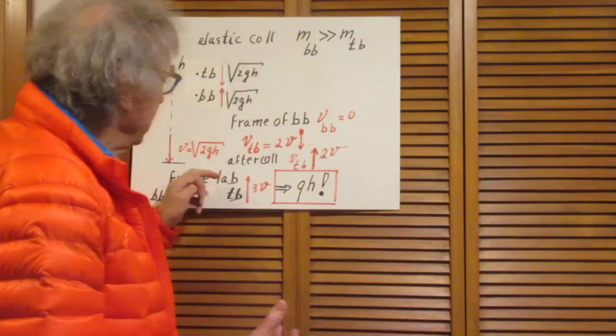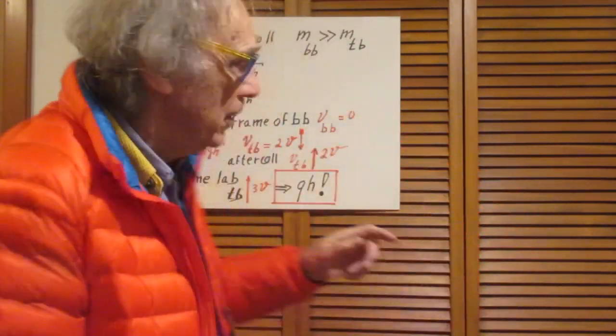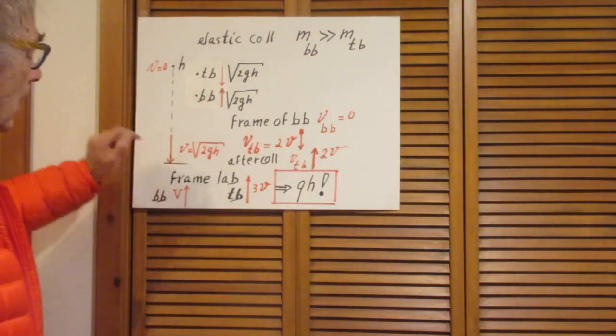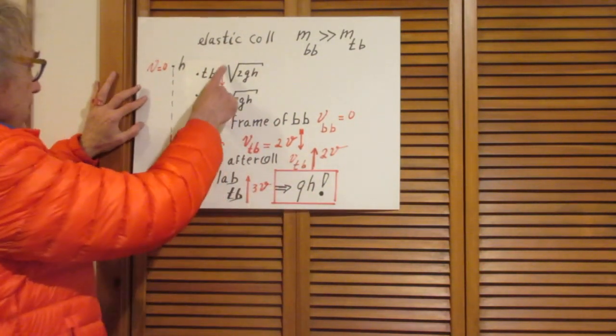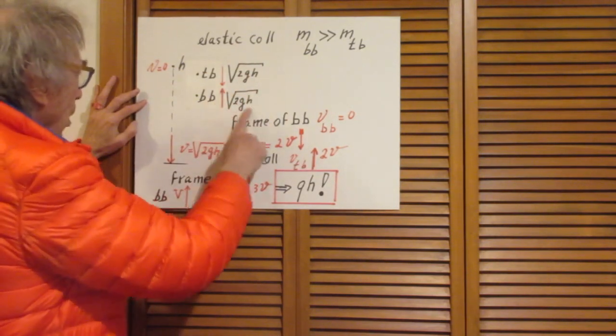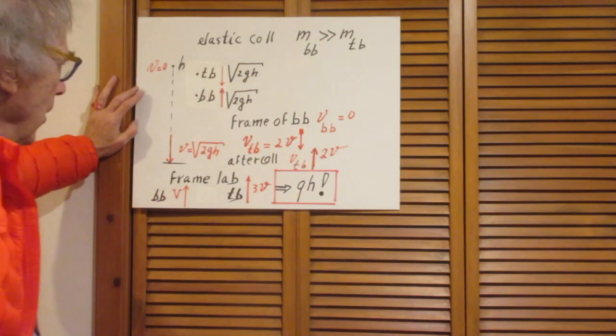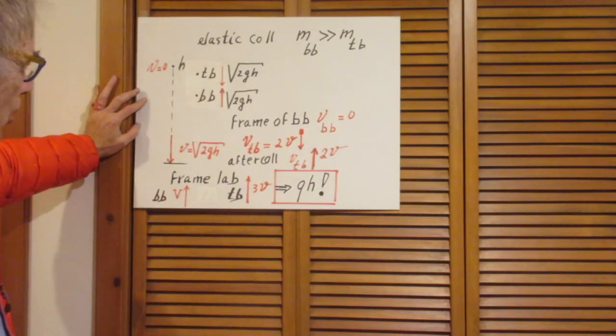So now we assume that the tennis ball is coming down with this speed on top of the basketball, which is going up with this speed. So you now have a tennis ball coming down with this speed and a basketball coming up with this speed. And this collision I'm going to consider now as an elastic collision.